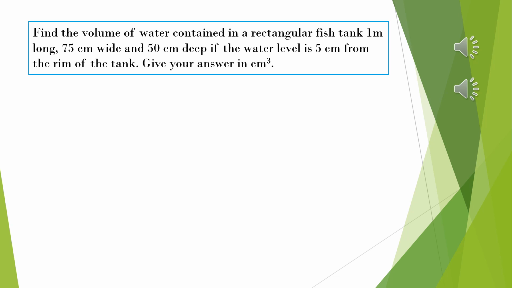If the water level is 5 centimeters from the rim of the tank, give your answer in cubic centimeters. Now, I am going to give you not over 15 minutes to solve this problem. Okay, your time starts now.